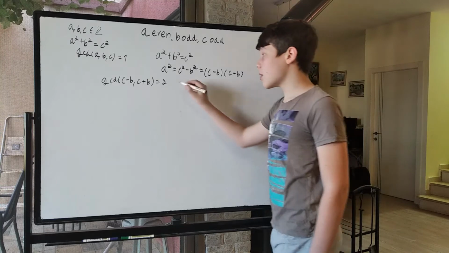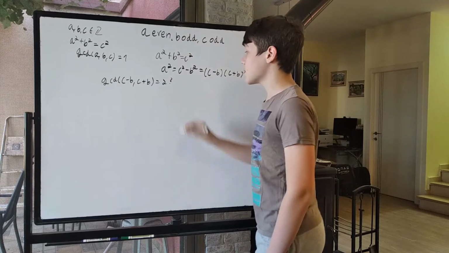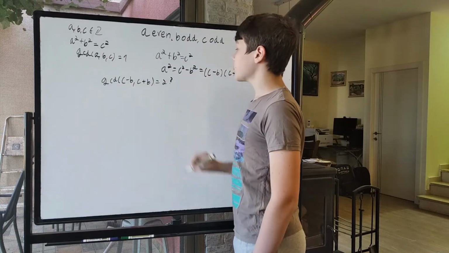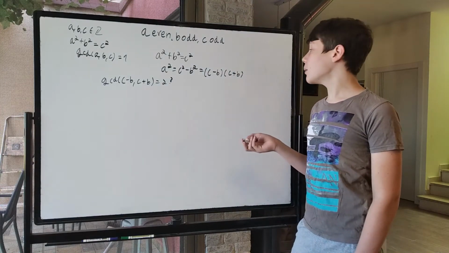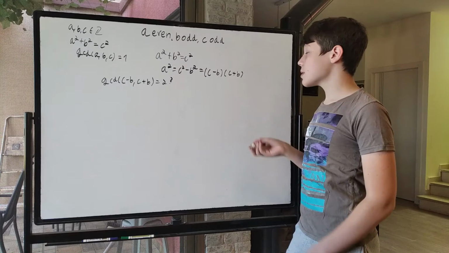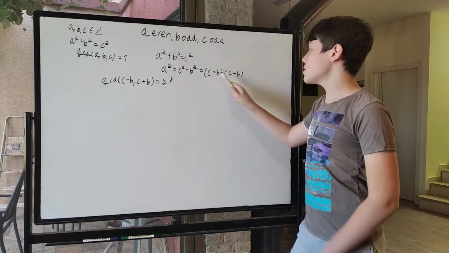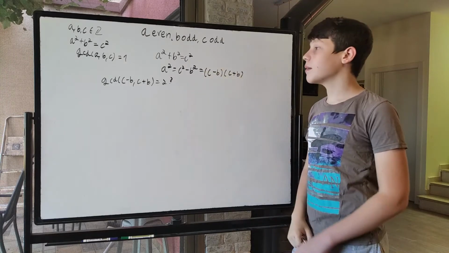So how are we gonna go about this? Well, first of all, we'll be able to realize, just like I said before, these two are even because C and B are odd.